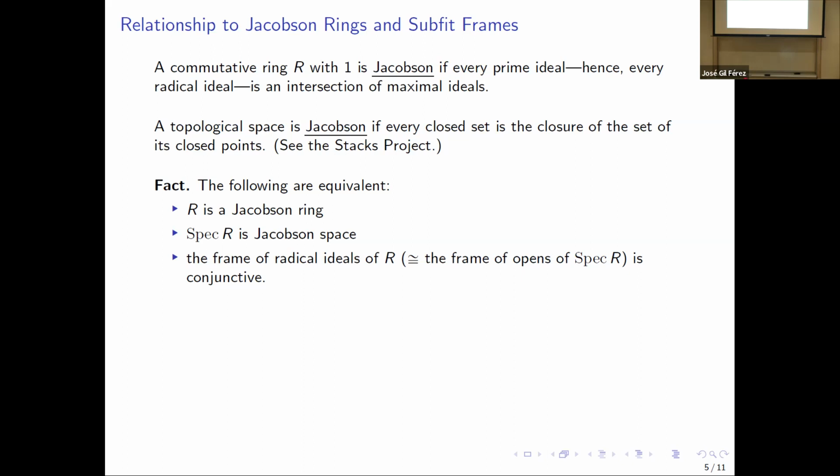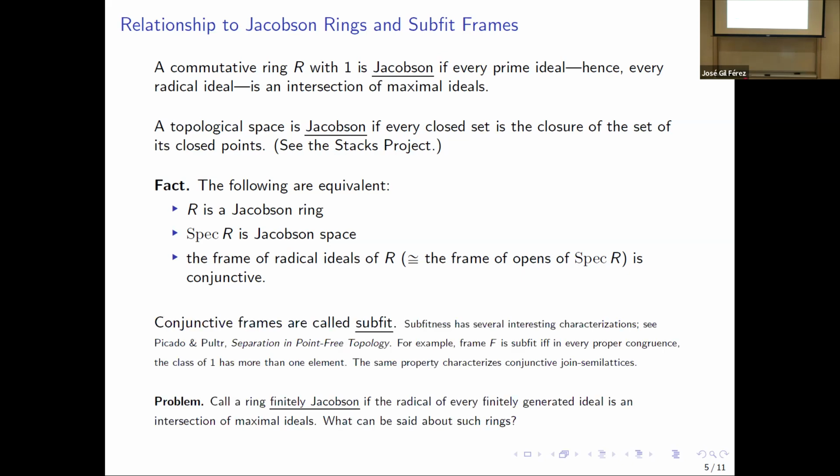And it so happens that the following are equivalent: R is a Jacobson ring, and Spec R is a Jacobson space. But we can rephrase this. Maybe it takes a little bit of work, but it's not complicated. The frame of all radical ideals of R, which is order isomorphic to the topology of the spectrum, is conjunctive. So the conjunctivity condition is very closely related to the condition of being a Jacobson ring, and being a Jacobson ring is important in algebraic geometry.